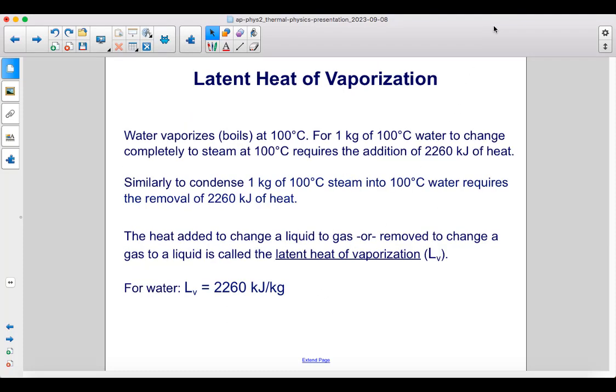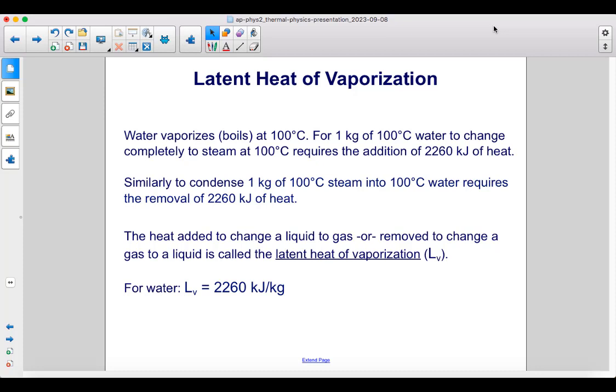Water vaporizes or boils at 100 degrees Celsius. For 1 kilogram of 100 degrees Celsius water to change completely into steam at 100 degrees Celsius requires the addition of 2260 kilojoules of heat.